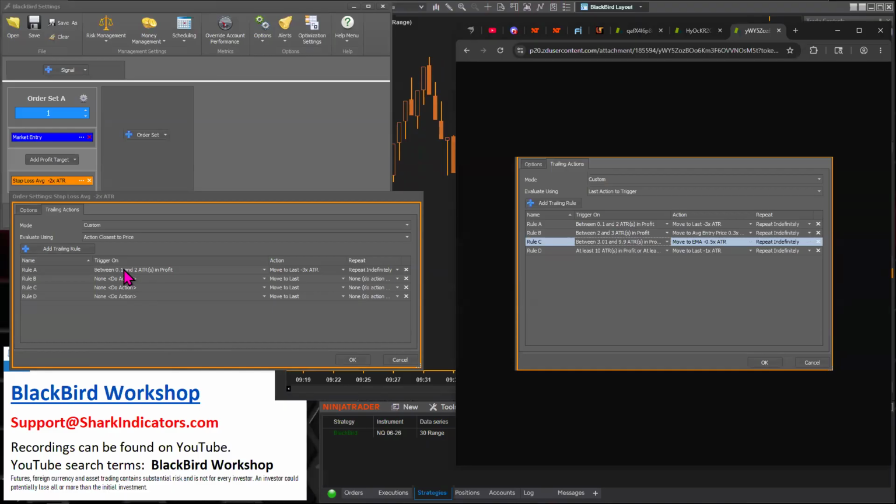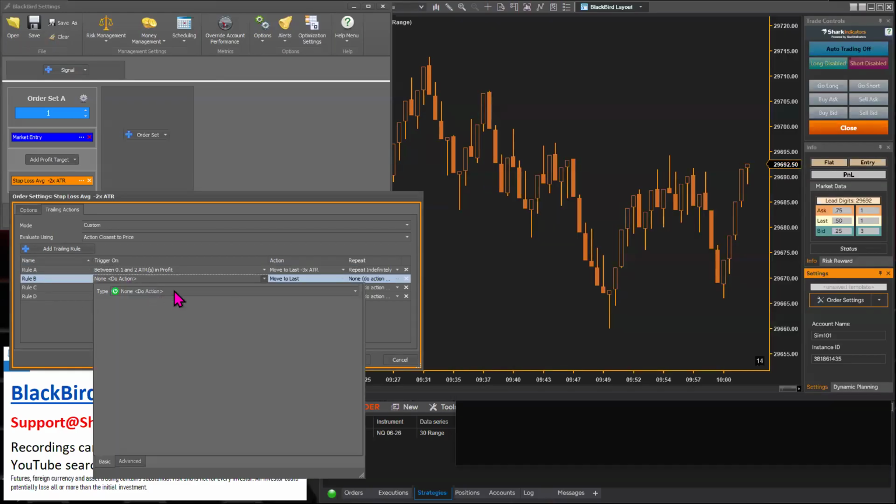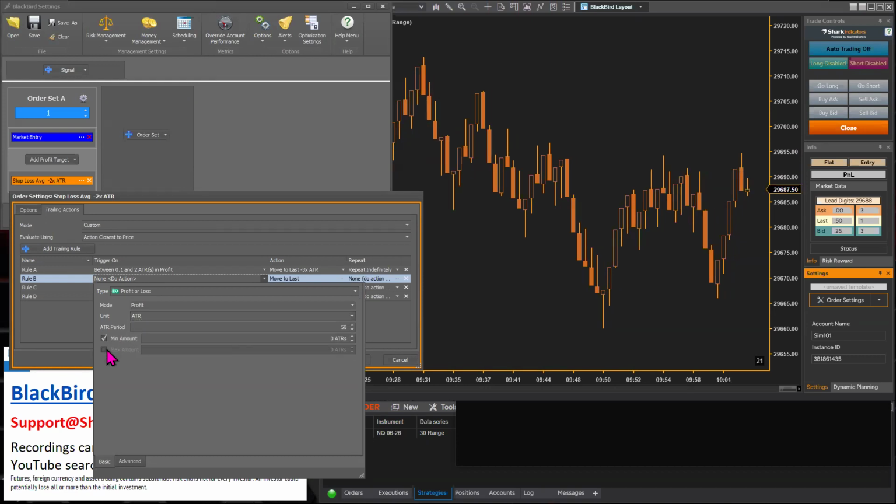All right, so now we need to also add the trigger, the condition for rule A, into rule B, C, and D. So let's go ahead and add that in here, like so.